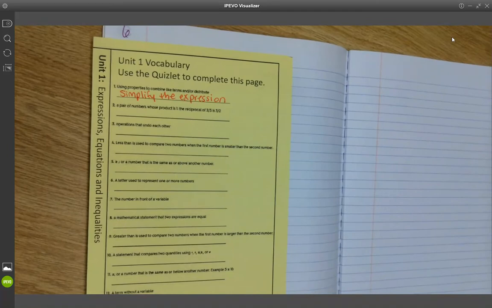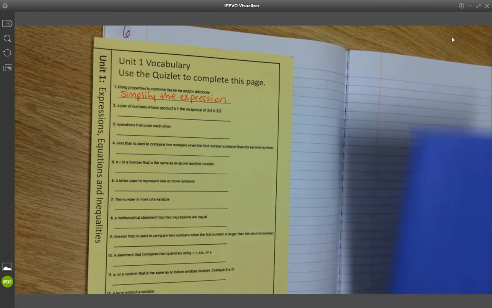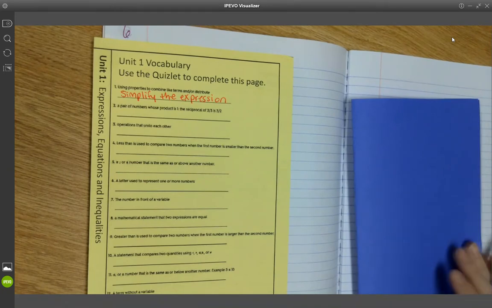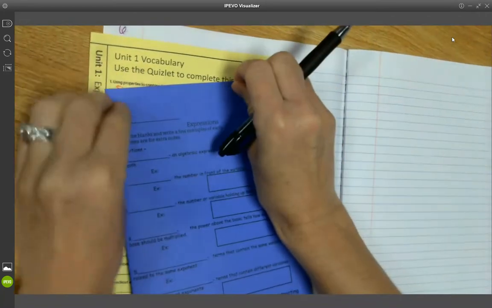Okay, so we are going to start our first notes page. Okay, so this is the notes that we are doing today.